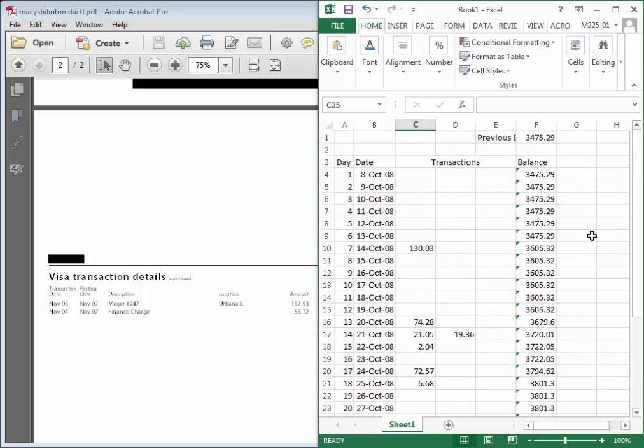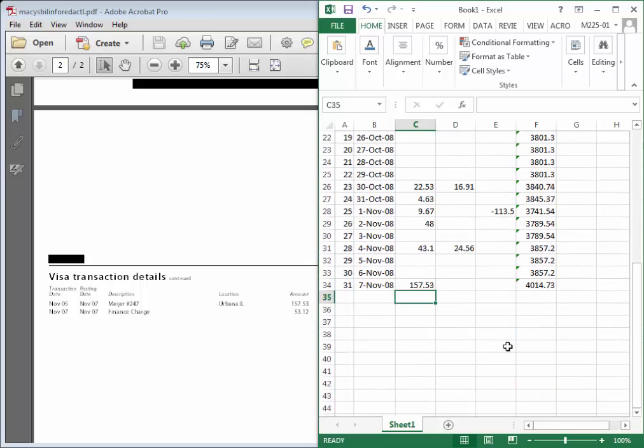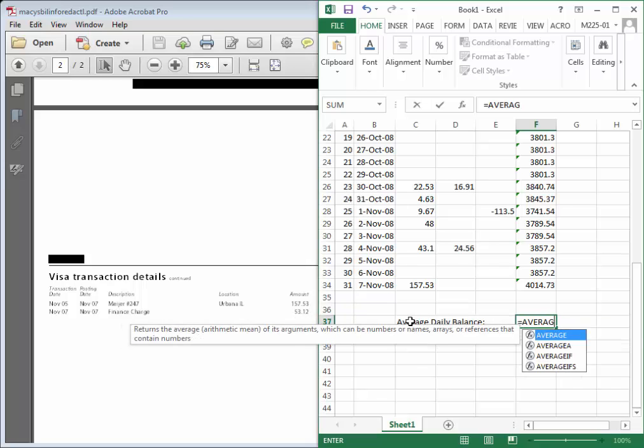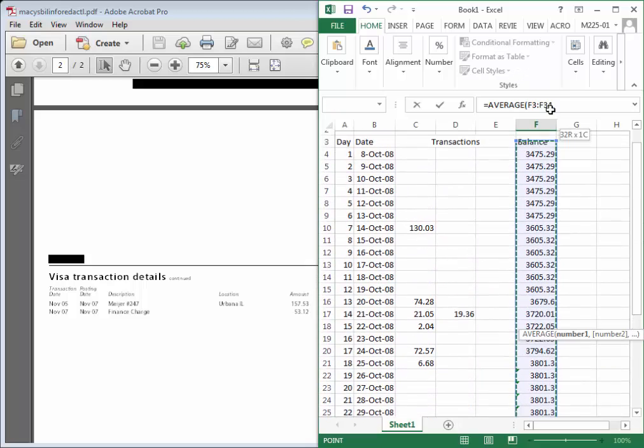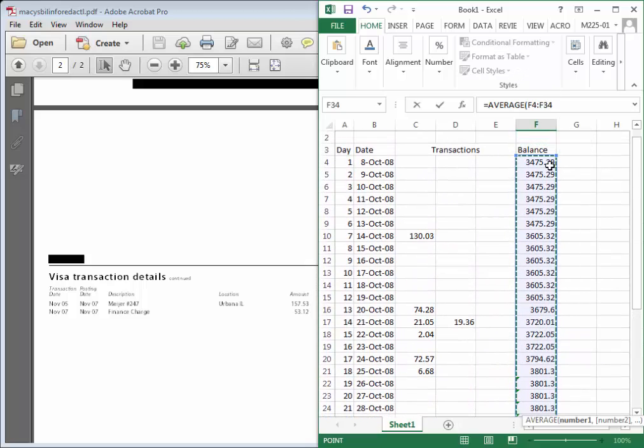Okay. At this point I have this list of balances. So I want the average balance. And to compute that, I just want the average of all of the daily balances.